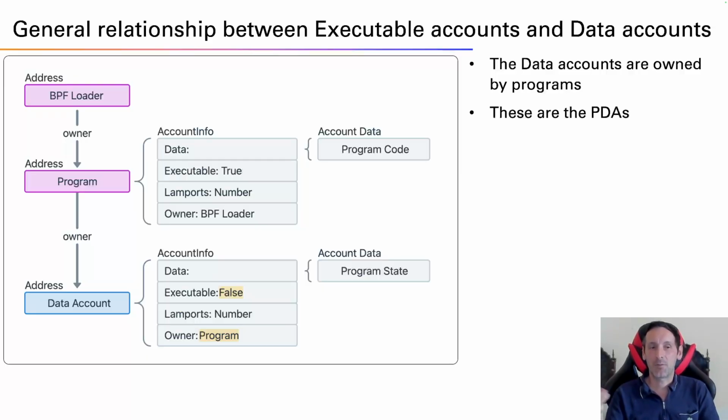But in any case, regardless of who pays for it, I really like this picture because it shows in a very simple way the relationship between executable accounts and data accounts. And as I said, I'm going to spend all of the time today talking about these data accounts.